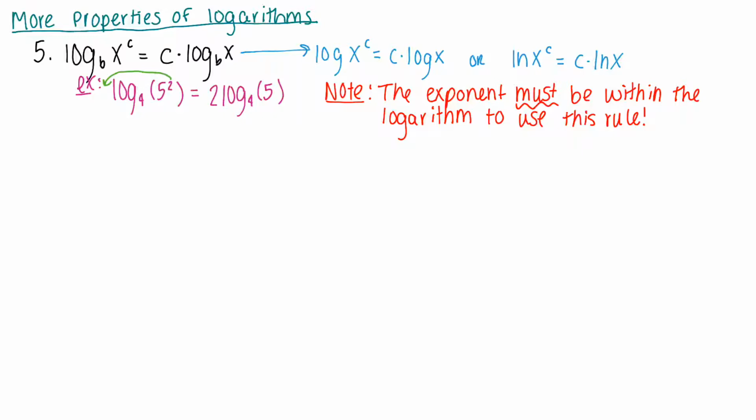You might say, well, how do I know that the exponent is within here? Ideally, there would be parentheses written here, but oftentimes there's not. So you can assume that this exponent is within the logarithm if it's written like this.